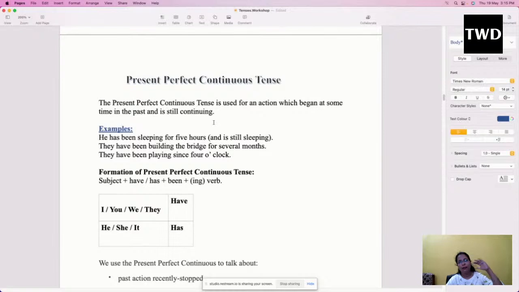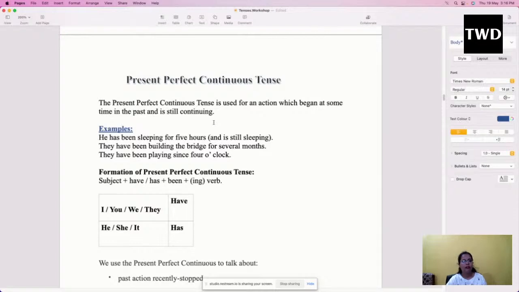Five hours back he started to sleep and yet he is sleeping. So that's why we framed this action under present perfect continuous tense. He has been sleeping for 5 hours. They have been building the bridge for several months. It means several months back they started to build the bridge and yet they are building.